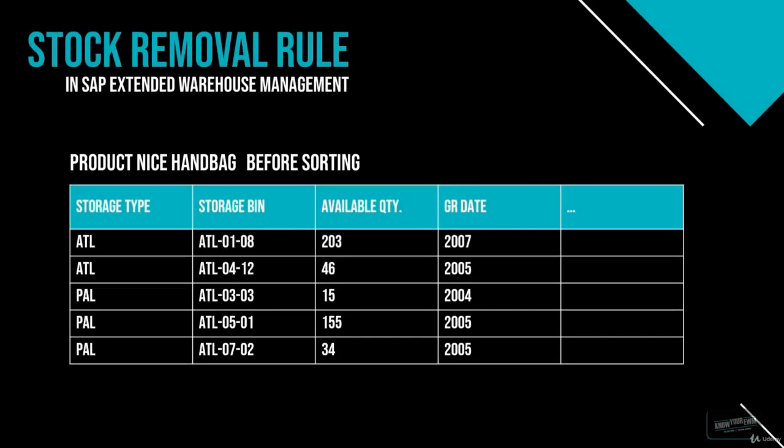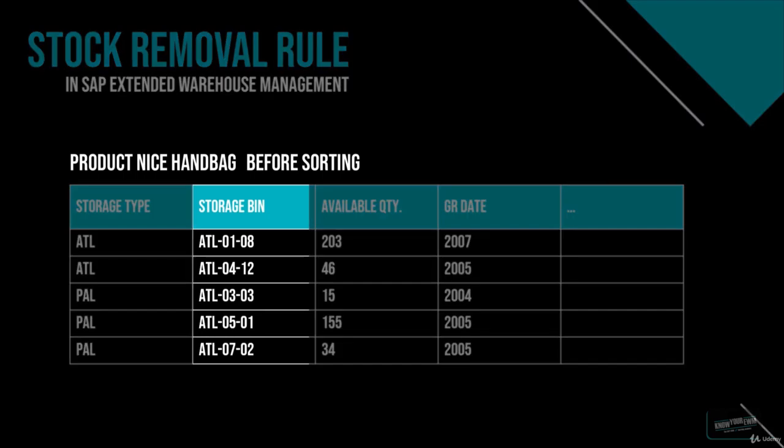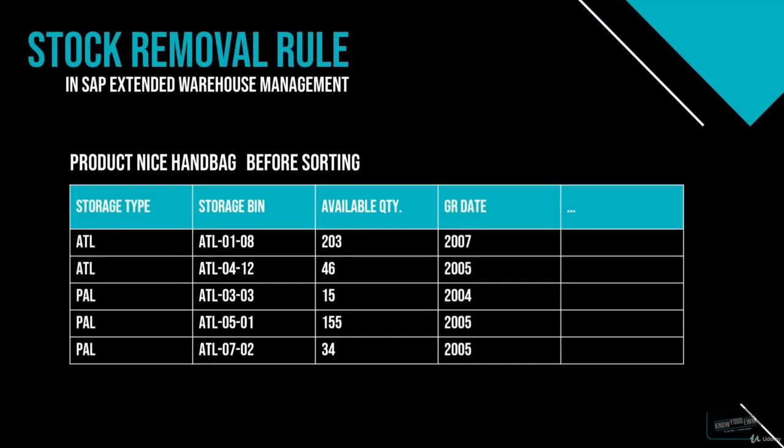Within the storage types, the product we are searching for is located on 5 bins that provide available quantity. The unsorted table is basically in a random order, except for the storage types of course, since this information is already existing due to the search sequence.